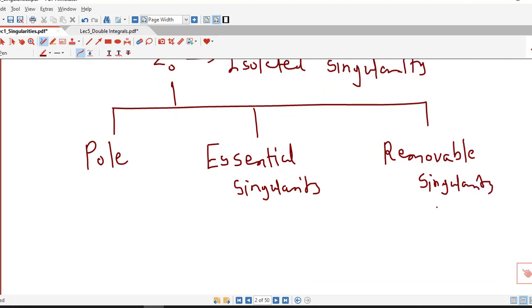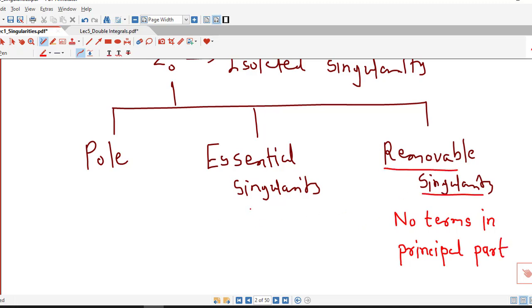So if there is no term in the principal part, if the principal part of a function f of z has no term, then z0 is called a removable singularity.